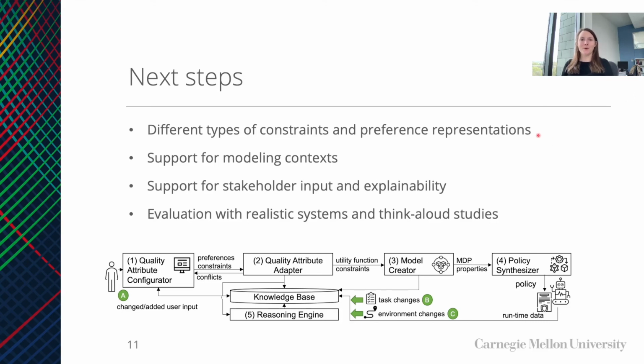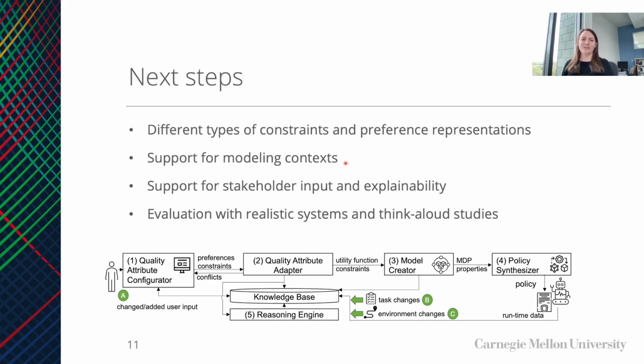For instance, time-bound constraints would be interesting to explore, and hard and soft constraints. And we also want to work with different contexts in which different preferences are needed and different constraints are important, and ways to elicit that information from stakeholders without overwhelming them with too many questions about too many potential contexts.